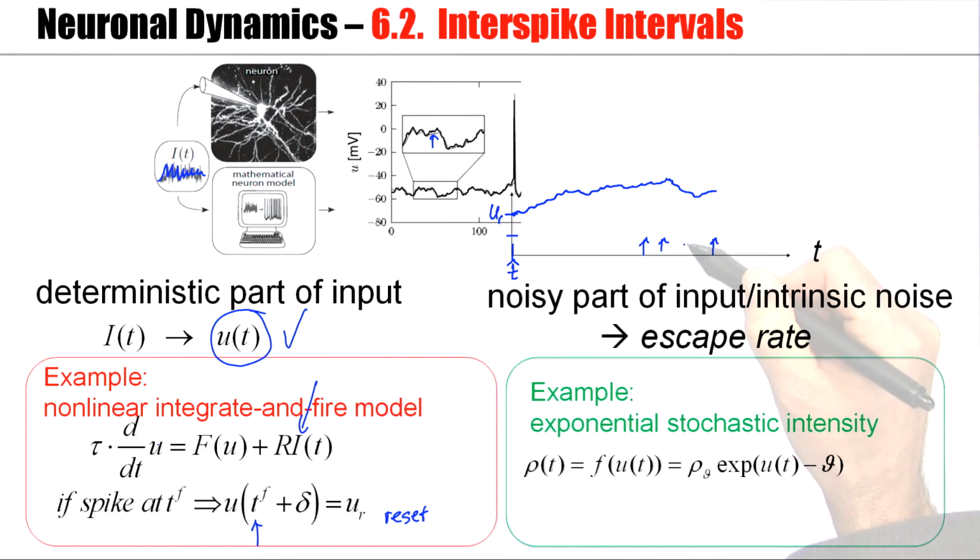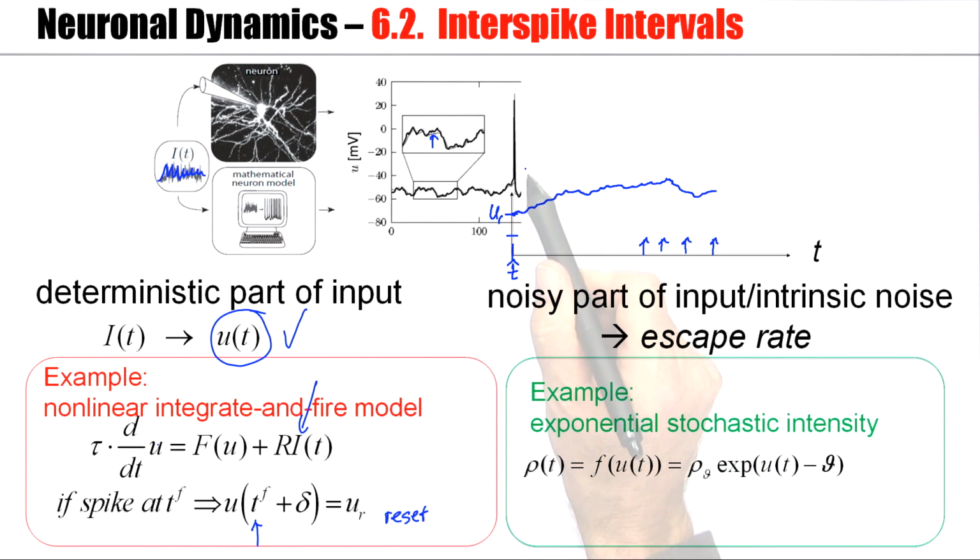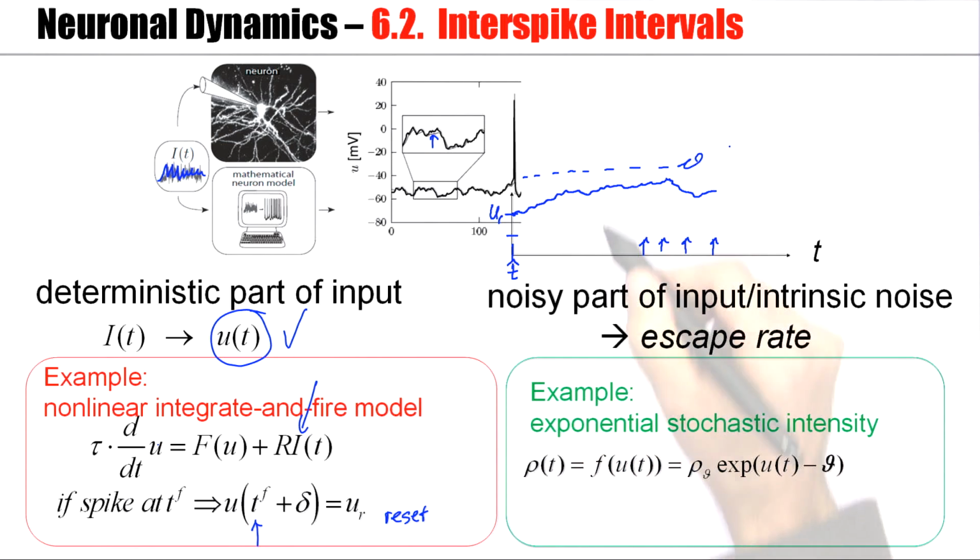Or there? Or there? Now we know that the stochastic intensity or escape rate depends on the momentary difference between a threshold value and my membrane voltage.